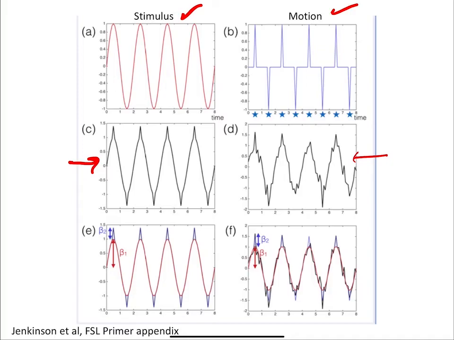Then I try to fit both of these to this data, and I'm going to get an estimate of beta 1 and beta 2. The model is looking for the combination of beta 1 and beta 2 such that the sum of the weighted regressors explains my data. So the general model just finds whatever combination best explains your data.